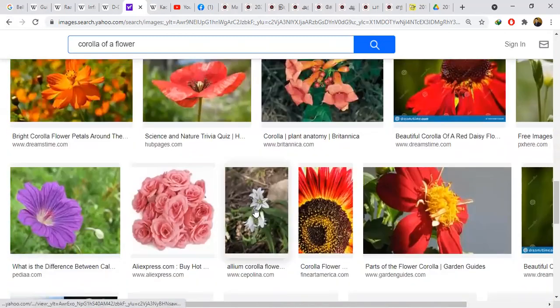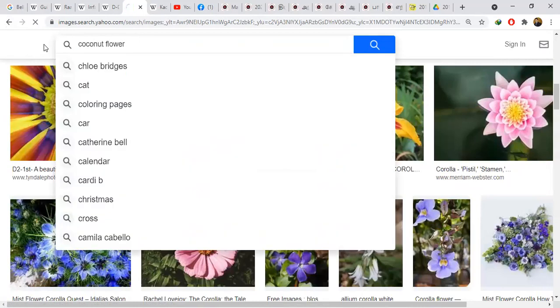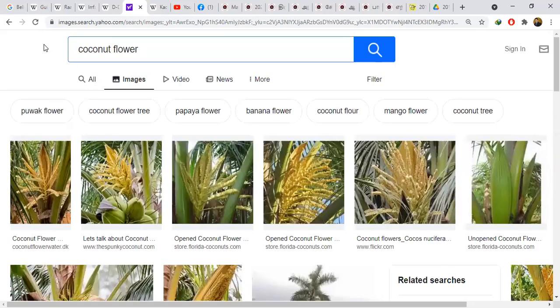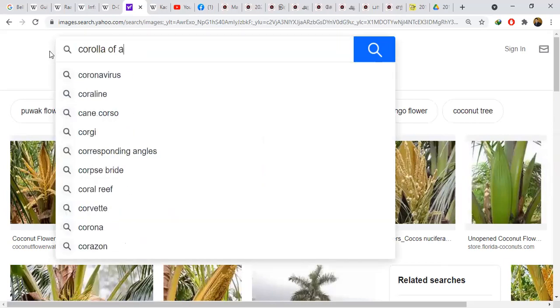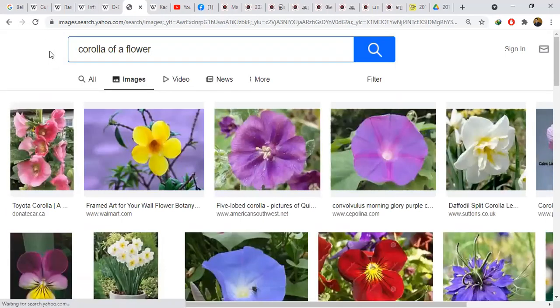Some flowers, like coconut flower, don't have colorful ones. But generally, if you take corolla of a flower, it is very colorful. It is attracting insects.